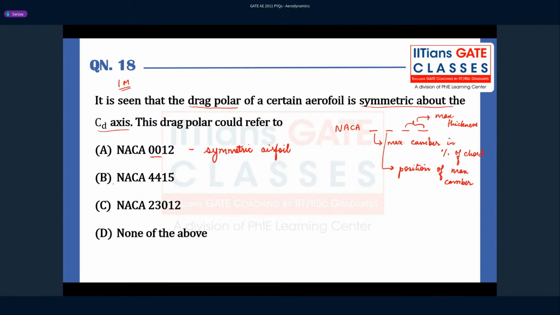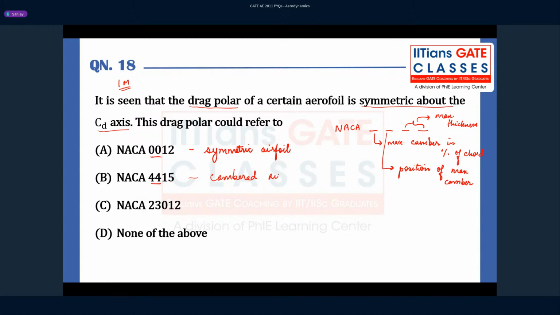What is option B? NACA 4415, right? So you see the first 2 digits, they have some camber, right? So it says that there is a maximum camber of 0.04 C, and it is present at 40% of chord length, right? This is a cambered airfoil.